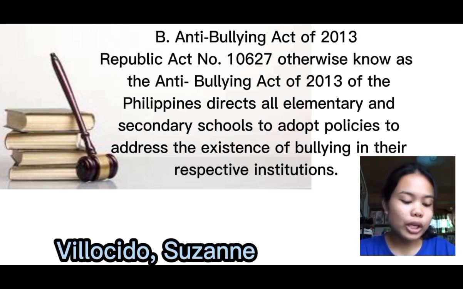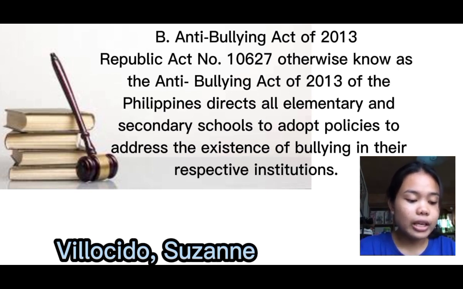As we all know, bullying refers to any severe or repeated use by one or more students, either in written, verbal, or electronic expression, or a physical act or gesture, or any combination directed at another student that has the effect of actually causing or placing the latter in reasonable fear of physical or emotional harm or damage to his property, creating a hostile environment at school for the other students.